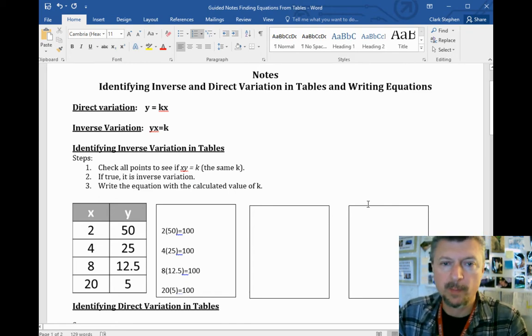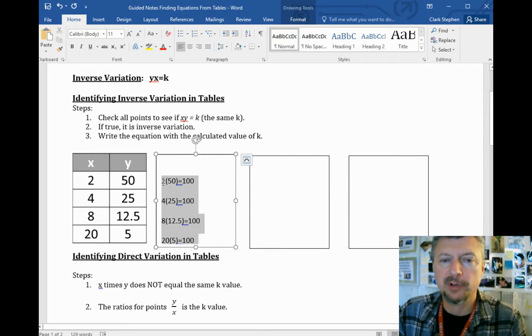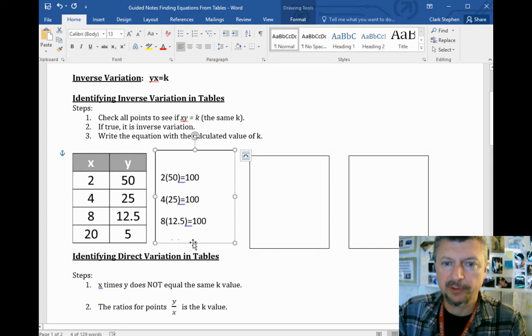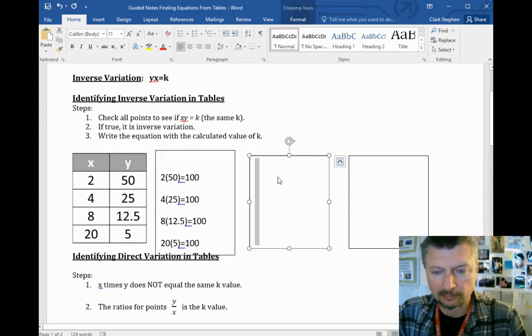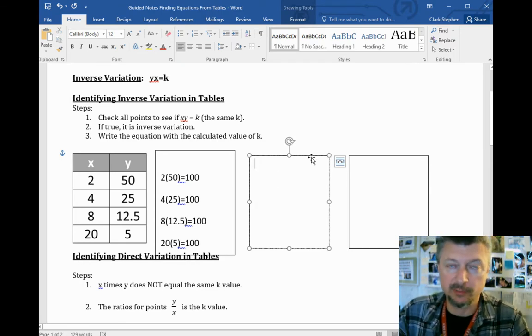And then we don't need an extra window here. I'll just use this one. Let me make this a little bigger for you. All right. When you write the equation, it's an inverse because you're multiplying x and y.